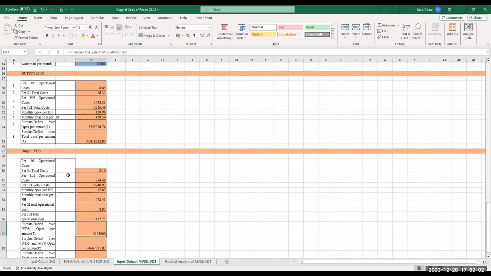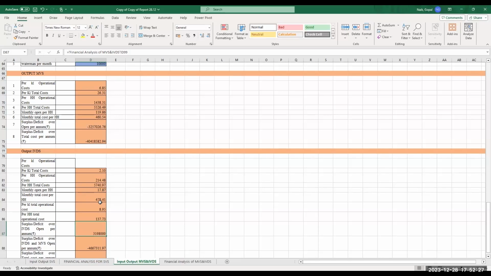So IVDS operational cost, which is basically total cost also, is 2 rupees 10 paisa per kiloliter. And the per household operational cost is 214. Per household total cost is 5,740 per annum. So monthly one can calculate, which is 17.87.